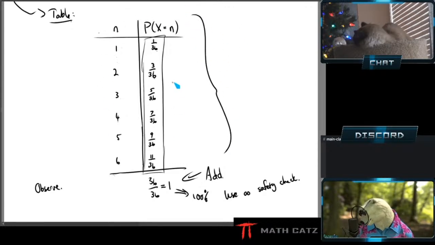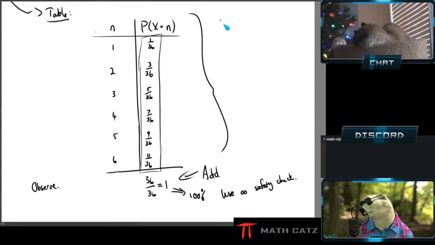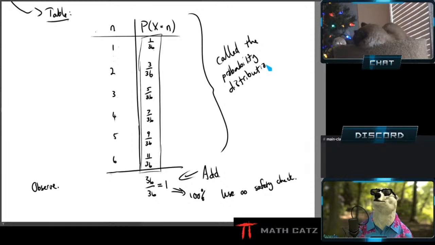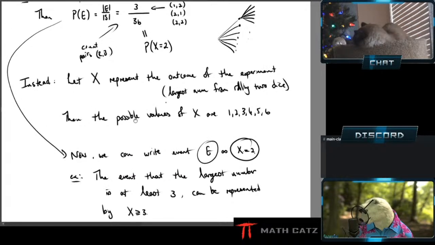Before I do that, this whole thing, as well as the top here, as well as this, where I list all the probabilities, is called the probability distribution of X. I have to say the variable.